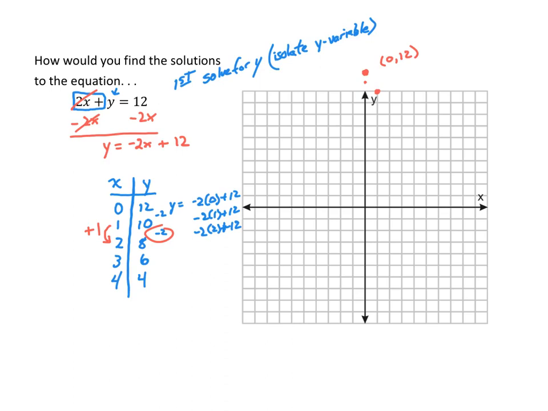Or I could go down 2 in the y direction and across by 1. So down 2 in the y direction, across by 1. There it is. Down 2 over 1. Down 2 over 1. And that's the same pattern that we had. There's our 4, 4 point right there.